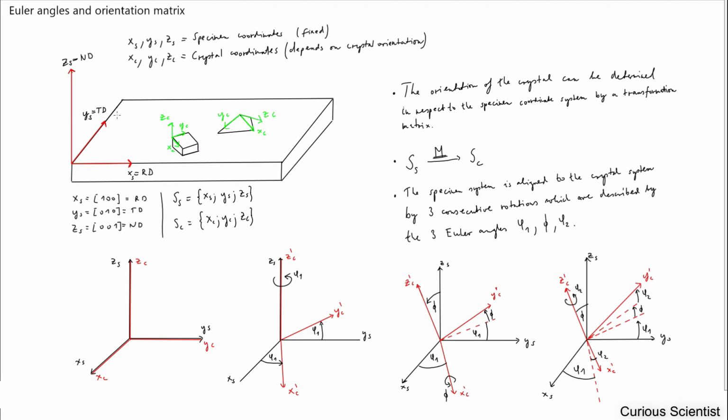And this relationship can be described with three consecutive rotations. So if you can define the coordinate system for your specimen, then you will be able to get the information for each grain within your specimen.